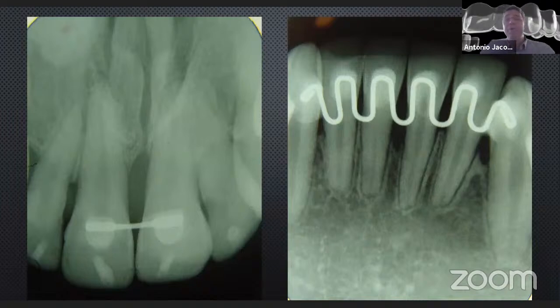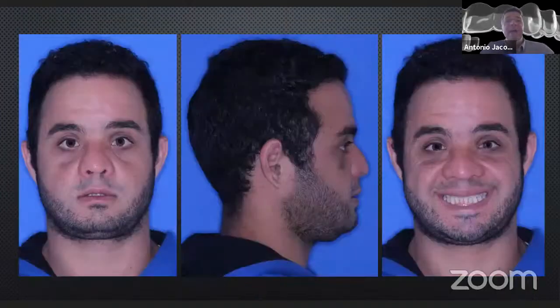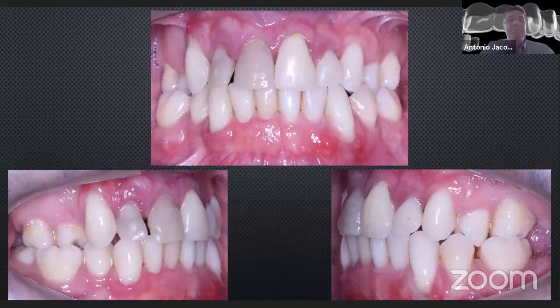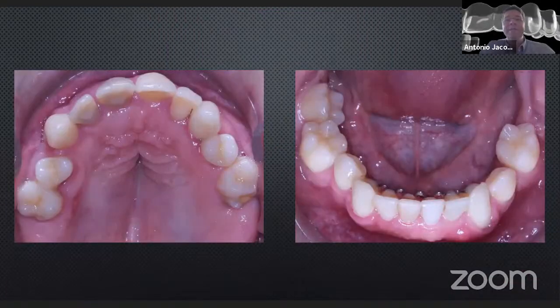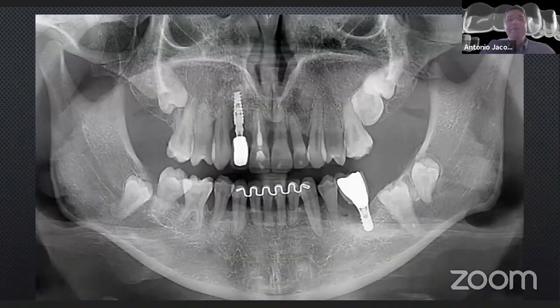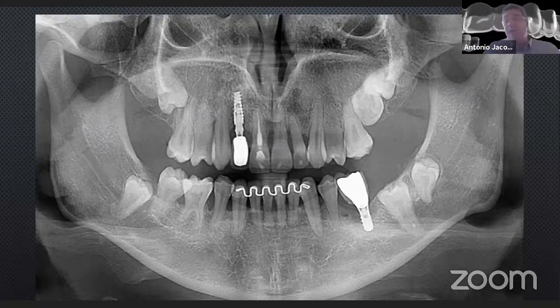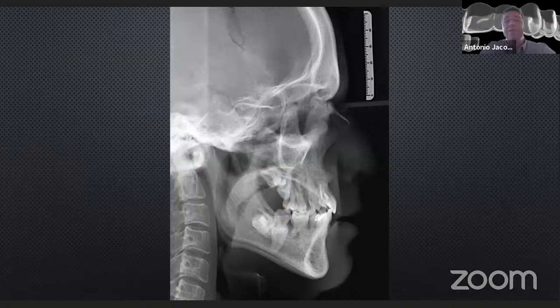He has some periodontal issues, and at this time he was having some problem with this lateral incisor, and he had to get an implant on the lateral incisor on this side, and in the first molar on the other side. But anyway, I think it's a very nice result until now. So this was the case.